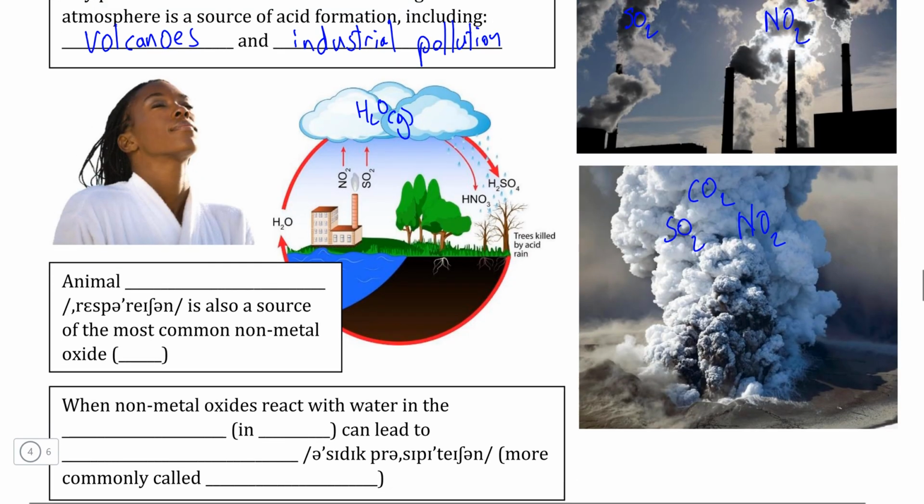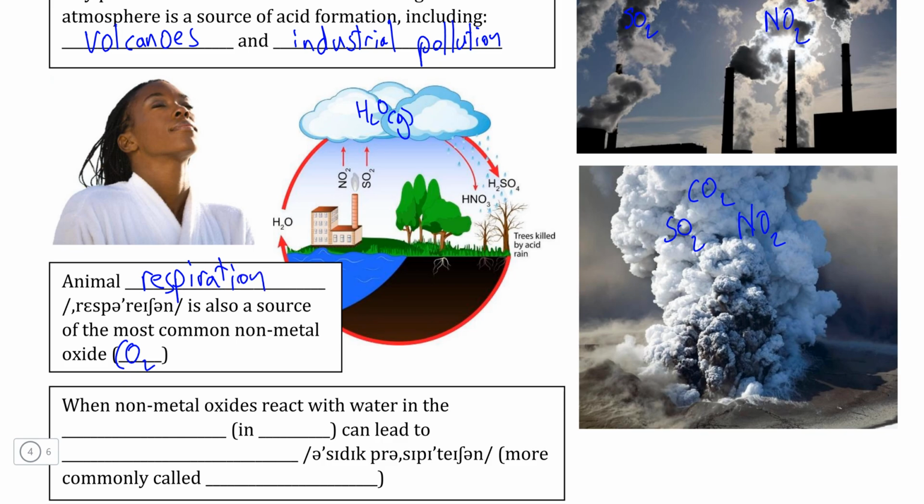However, by far, as mentioned previously, the most common non-metal oxide is actually carbon dioxide, because it comes from pretty much every organism on Earth that requires cellular respiration as a source of energy.